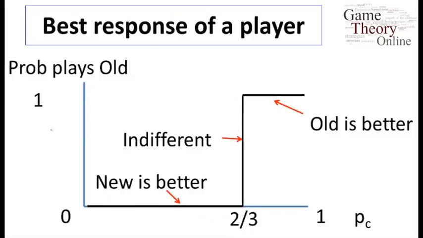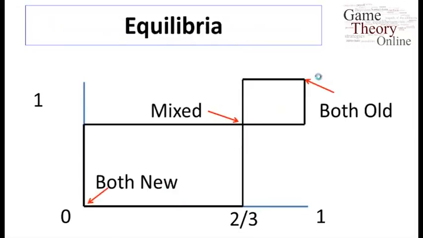Exactly at 2/3, any probability on old for the row player would be fine. And then above 2/3 on the other player playing old, then old is better, right? So if the column player is playing old, then this is the best response of the row player. Okay. So if we put those together, we can put that together on the same curve.